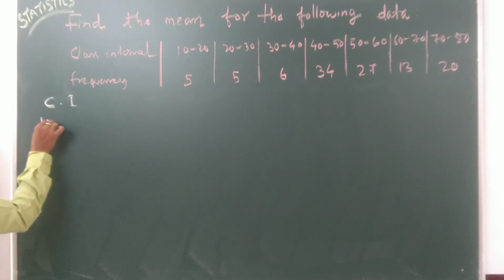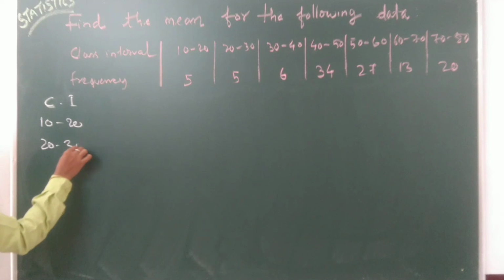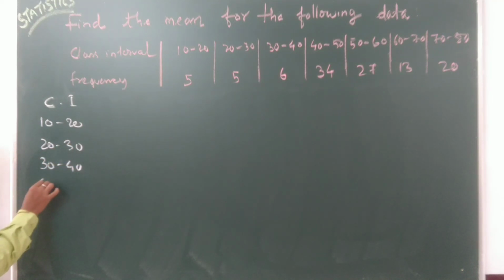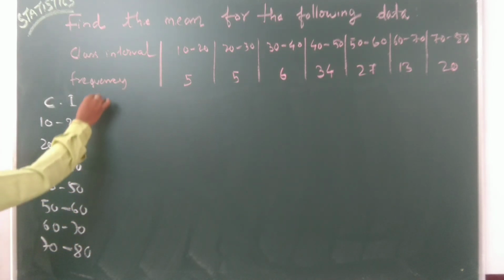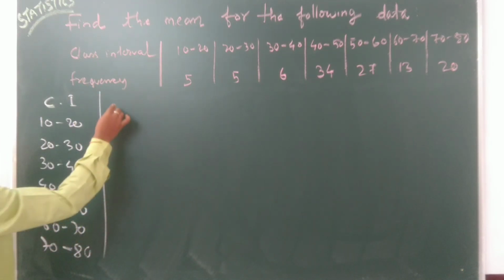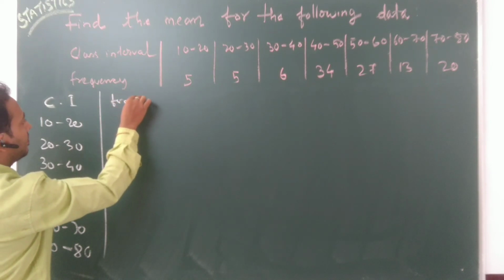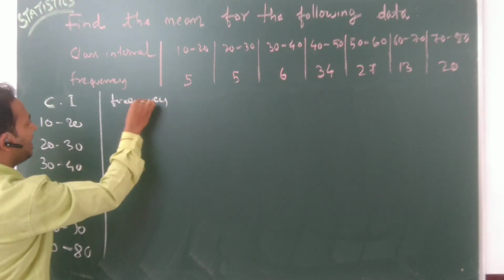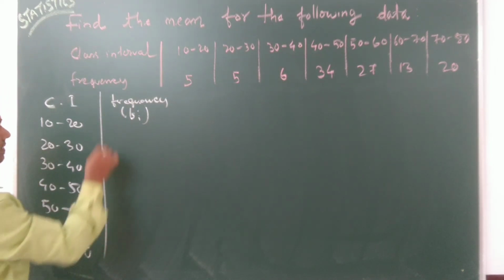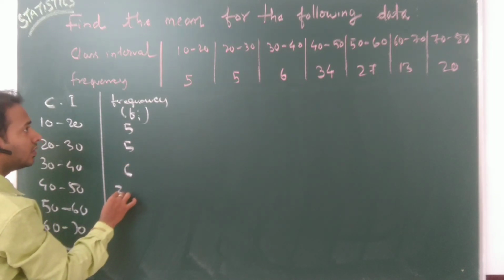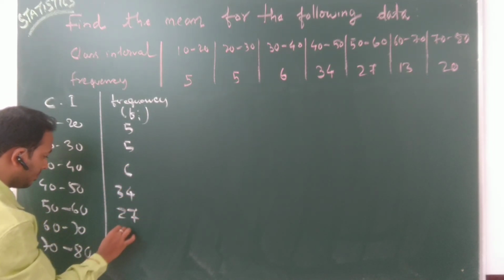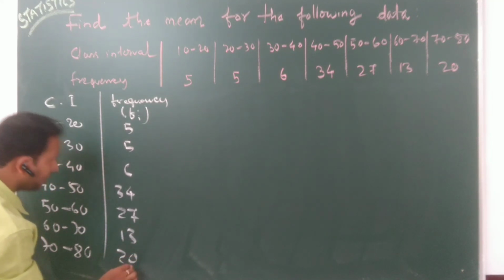It is given here 10 to 20, 20 to 30, 30 to 40, 40 to 50, 50 to 60, 60 to 70, 70 to 80. And the frequency, we need to write here fi, this is your frequency. So 5, 6, 34, 27, 13 and 20.